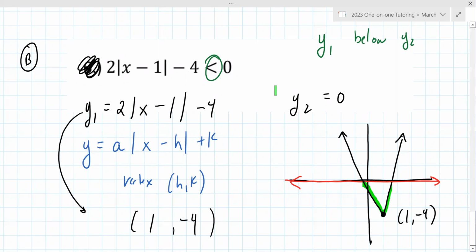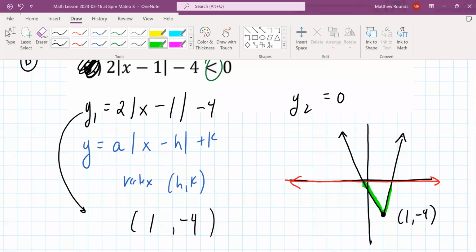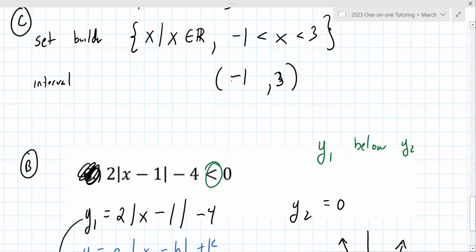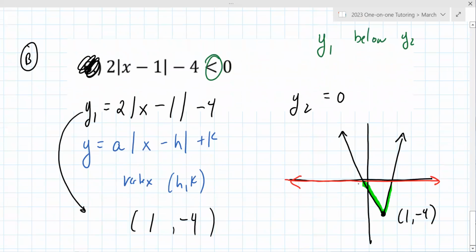Now, in terms of those actual x values, we do know them from part C. We know it's -1 and 3. This is -1 and this is 3. And that's it for part B.